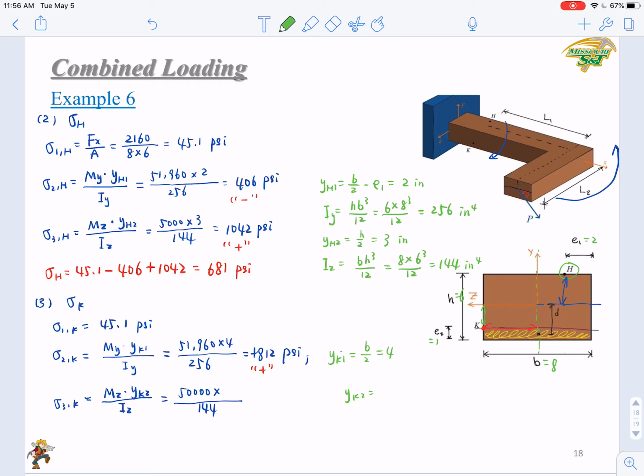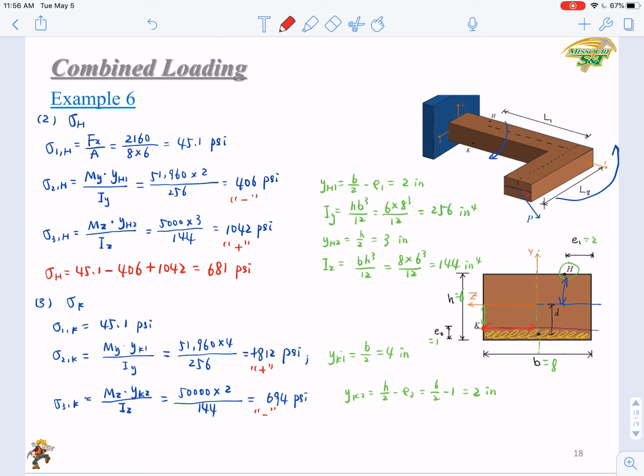So what is this value? It's just half H minus E2, 6 over 2 minus 1, 2. Okay, so we get 2 here, and the result will be 694 psi. Again, you are requested to analyze the sign by yourself. Try to find if that is positive or negative. Okay, I tell you the result is negative, but you need to figure out why it's negative.